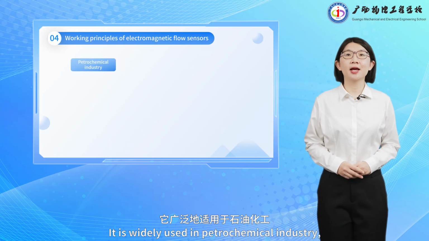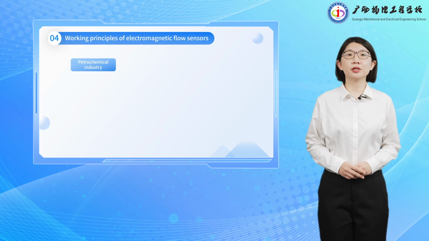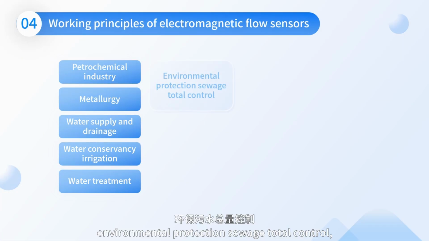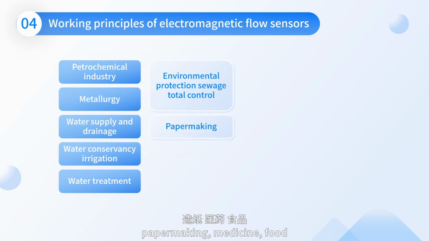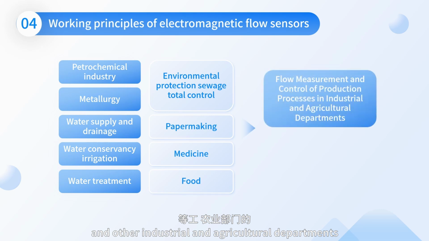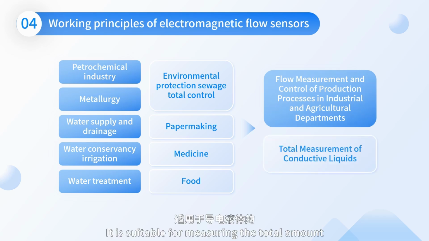It is widely used in petrochemical industry, iron and steel metallurgy, water supply and drainage, water conservancy, irrigation, water treatment, environmental protection, sewage total control, papermaking, medicine, food, and other industrial and agricultural departments for measurement and control of the flow and production process. It is suitable for measuring the total amount of conductive liquids.